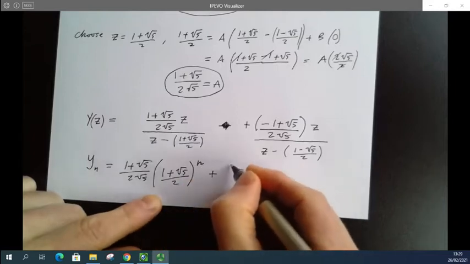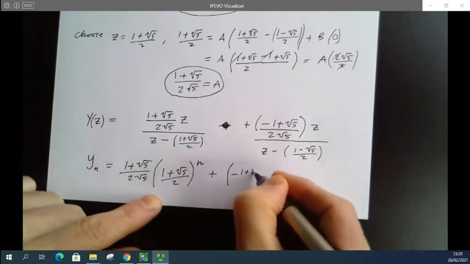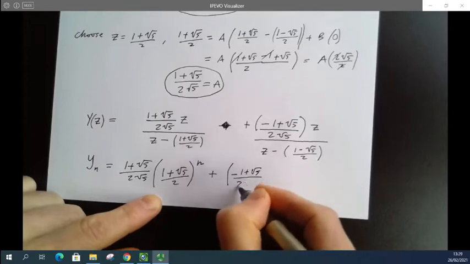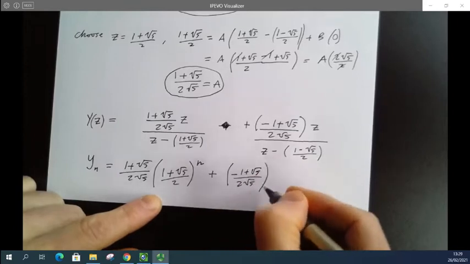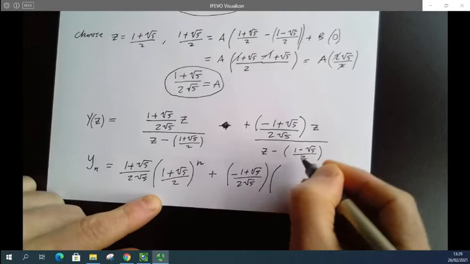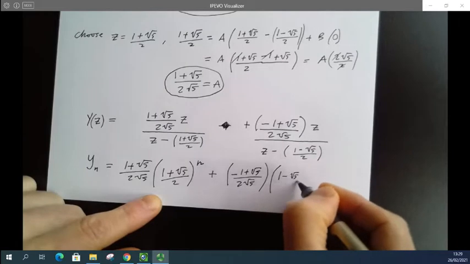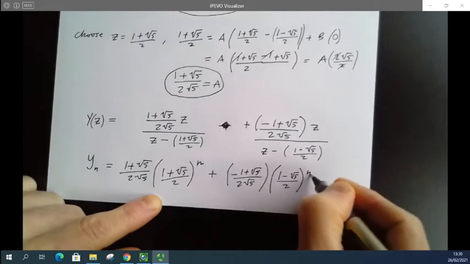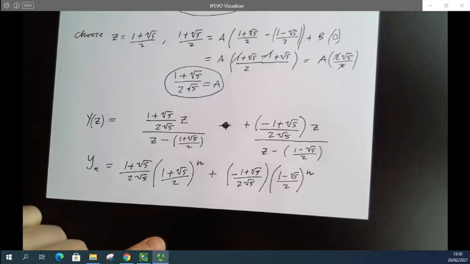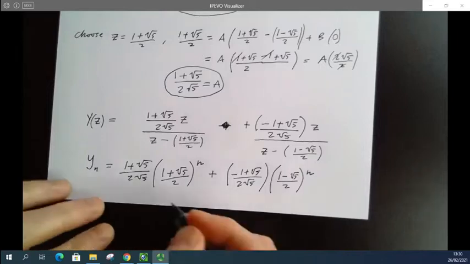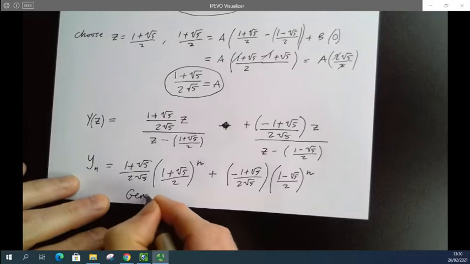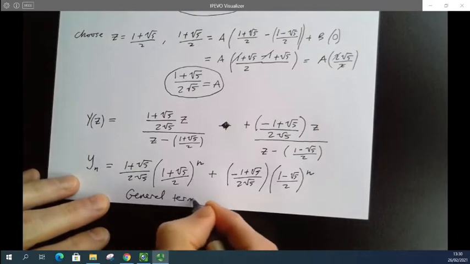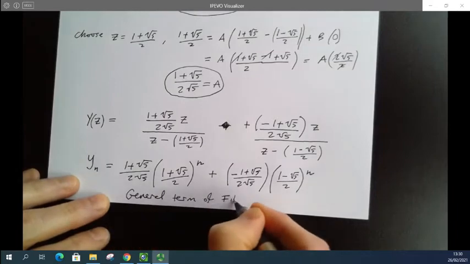Plus minus 1 plus root 5 over 2 root 5 times this guy, 1 minus root 5 over 2 to the n. And that is my Fibonacci sequence. That should be the general term of the Fibonacci sequence.